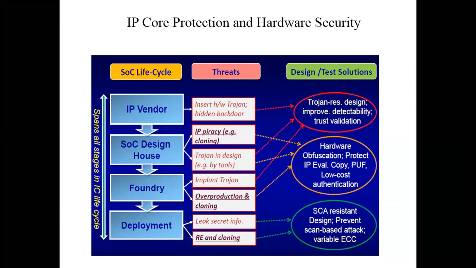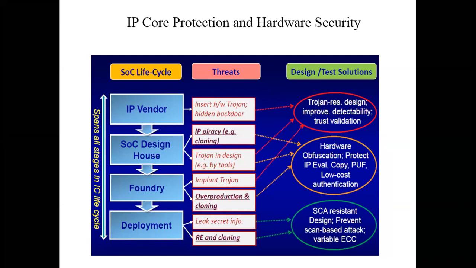The interesting thing to note here is that in each of these stages, there are several types of cybersecurity protocols and algorithms that could be deployed to handle cyber threats. For example, at the IP vendor stage, there is a possibility of inserted hardware Trojans through backdoor entry. So we need Trojan resistant designs to improve detectability and trust validation. Second, in the SoC design house, there is a possibility of IP piracy and cloning.